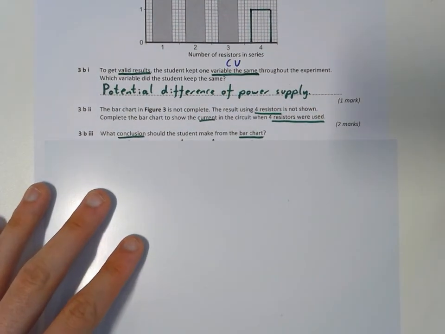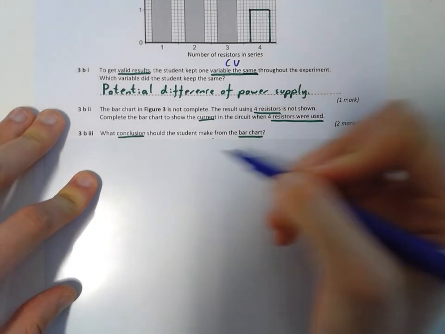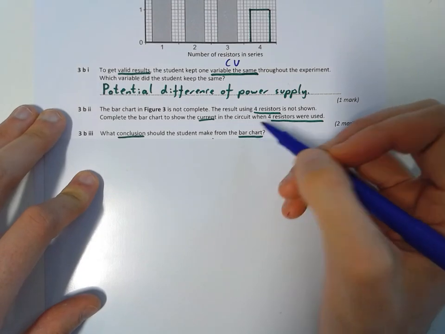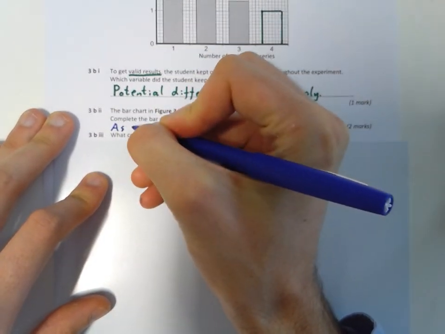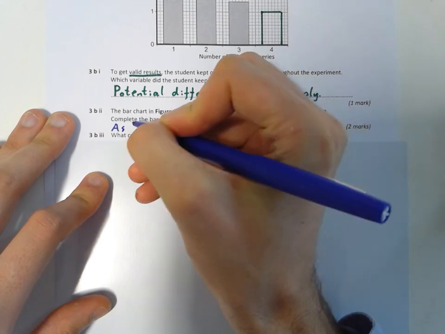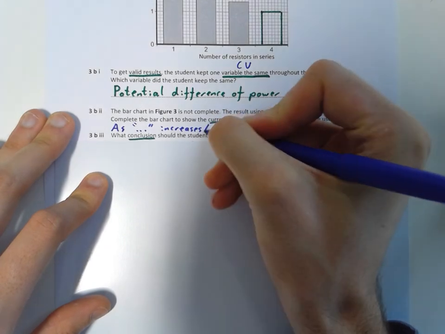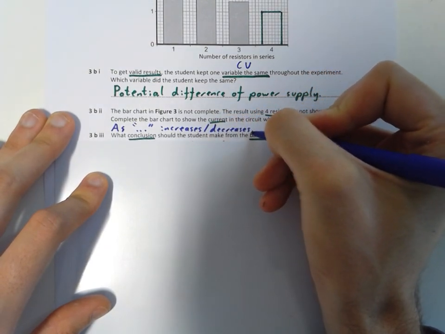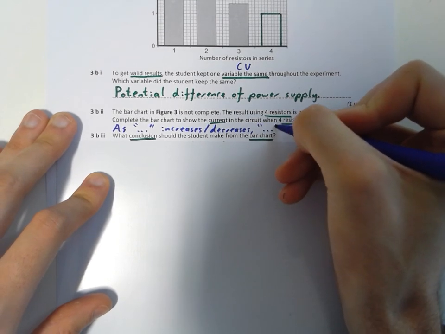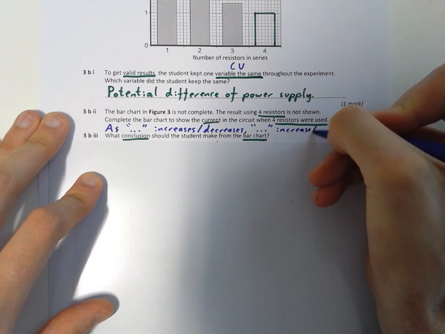Okay, last question. What conclusion should the student make from the bar chart? Whenever they ask you to make a conclusion from a bar chart, from a graph, you're always going to write a sentence a bit like this. As something, whatever it is, increases or decreases, then your other variable will increase or decrease.